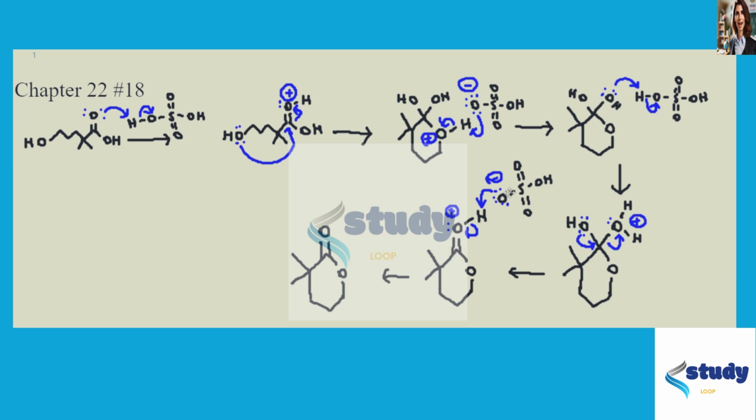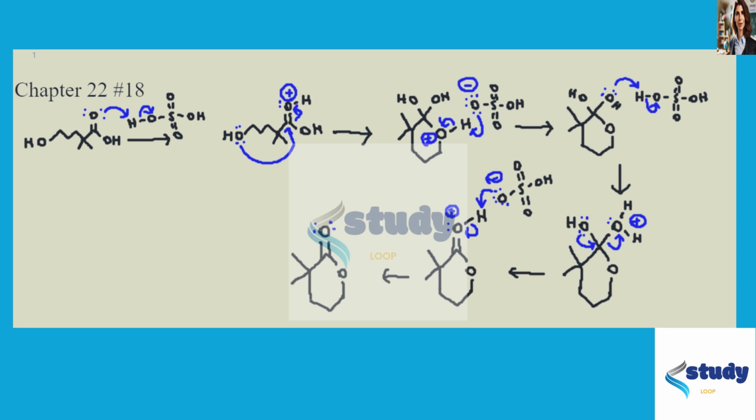Then again, another sulfate is going to come and pluck this hydrogen to relieve this positive charge on the oxygen. Just for the sake of clarity, I should put the lone pairs here. But yes, that's it. That's the stepwise mechanism for this problem.